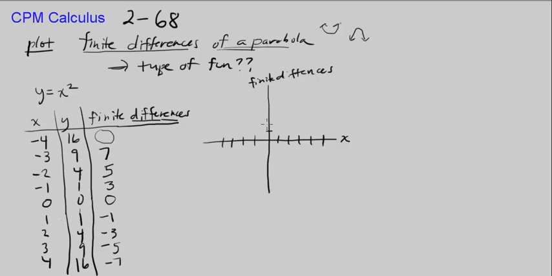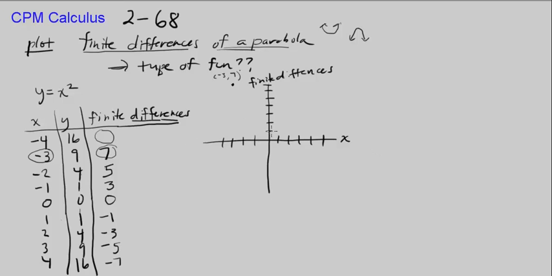Let's make the axis 1, 2, 3, 5, 6, 7. So at -3, we have 7. That's our point, right? -3, comma 7. I'm getting that from this being our x, and this our y value, because we're plotting our finite differences.